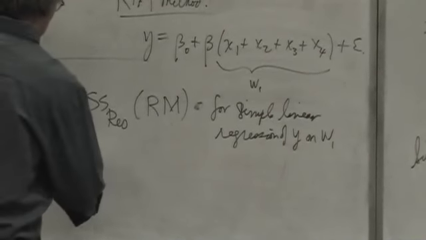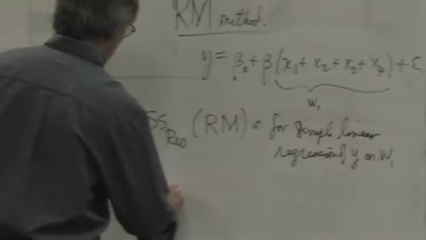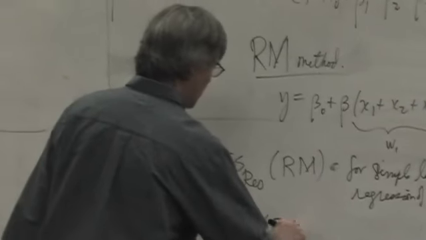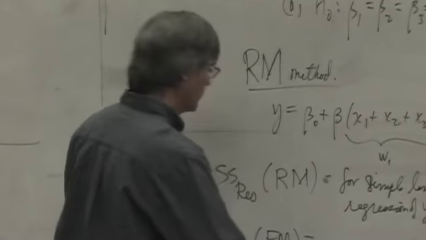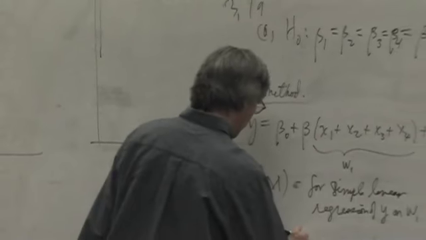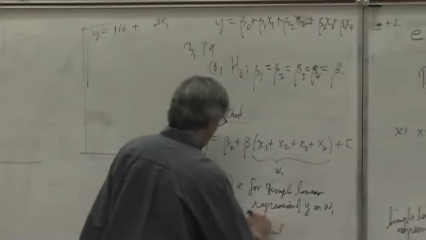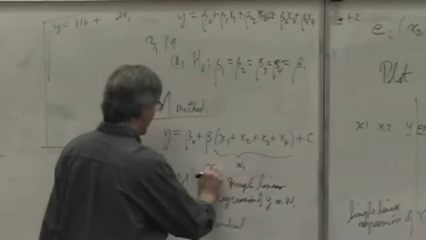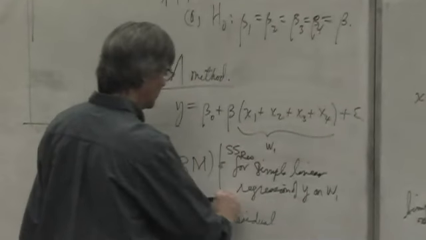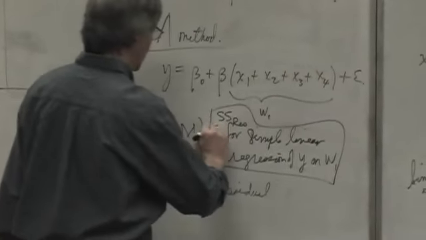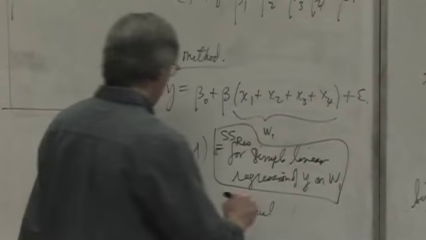Versus, and then you calculate SS-res full model equals the residual sum of squares. This is SS-res, the residual sum of squares for the simple linear regression of y and w.